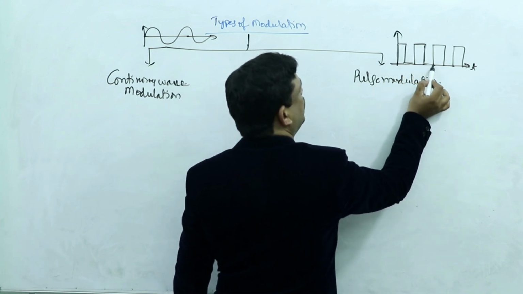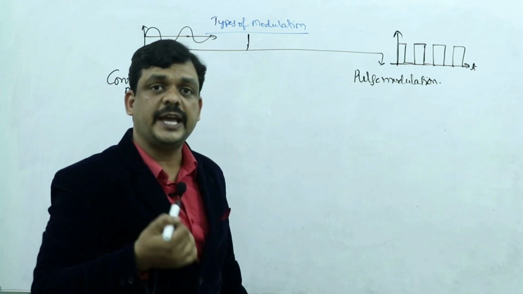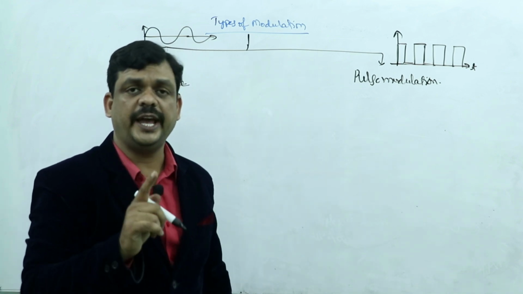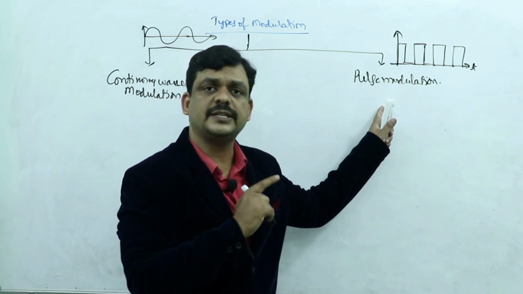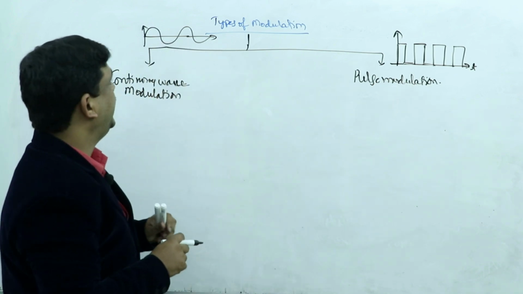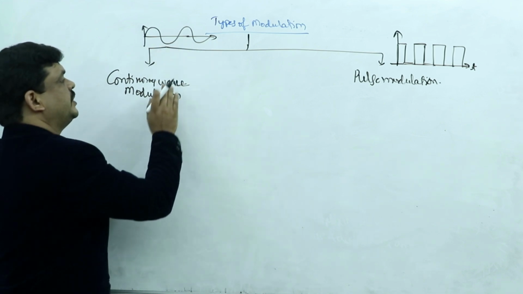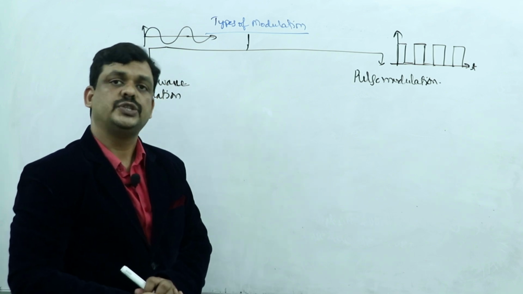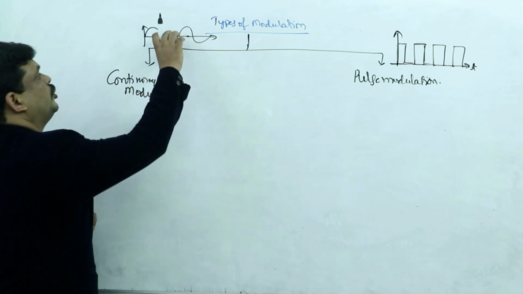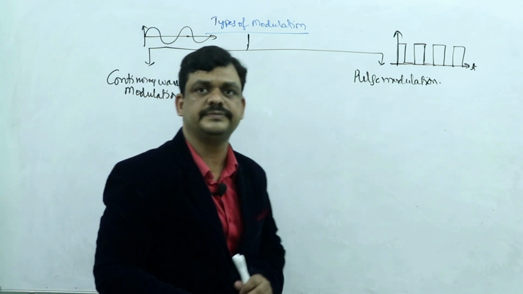These types of signals are called pulse signals. If you take the carrier signal as a pulse signal in this shape, then the modulation process is called pulse modulation. And if the carrier signal is a continuous wave signal, then the modulation process is called continuous wave modulation.